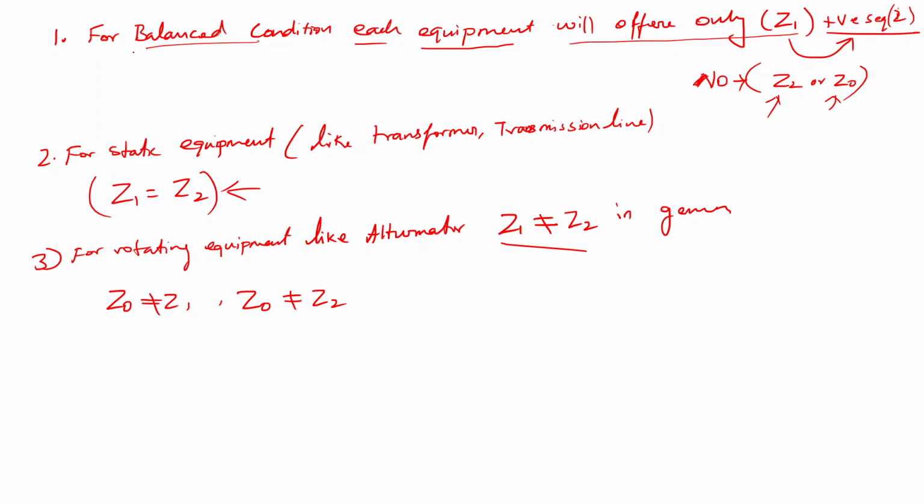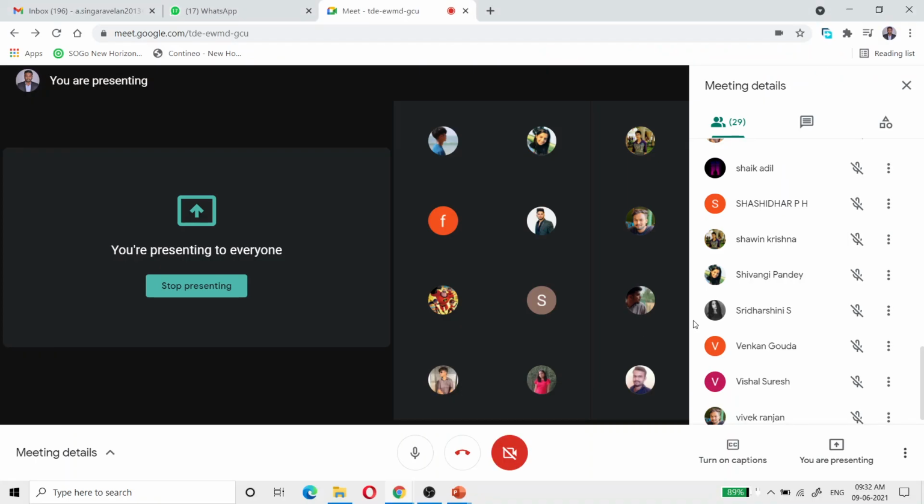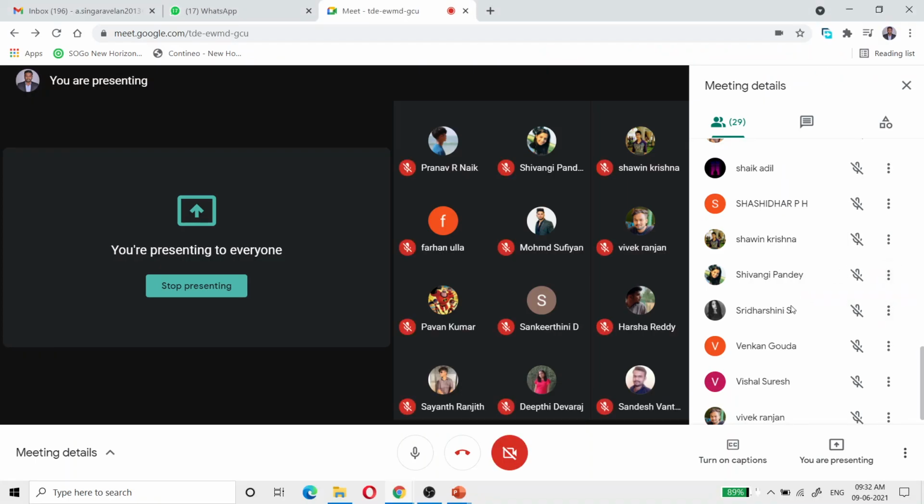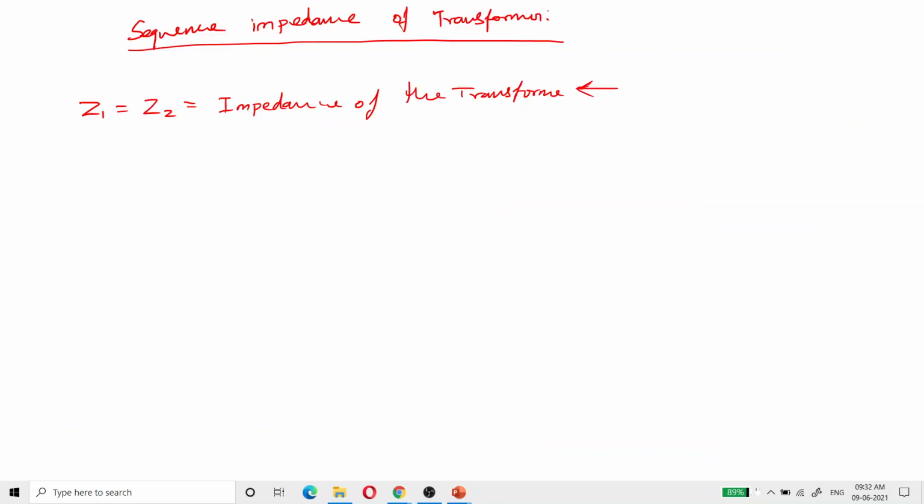Static elements. Very good. Can I know who answered this? Okay, very good. It is the perfect answer, because we said in the first statement itself that it is a static equipment. For static equipment, as per the statement, Z1 must be equal to Z2.